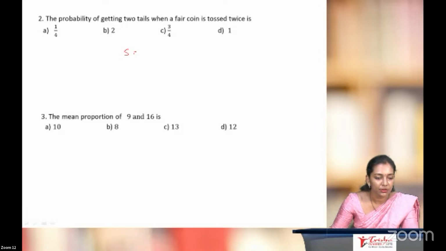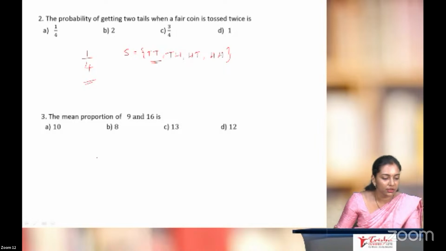So when you toss two coins, sample space will be either TT, TH, HT, HH. Okay. So what is the probability of getting two tails? So how many? Only one option, right? So favorable outcome by total outcome. So it is 1/4. Okay.